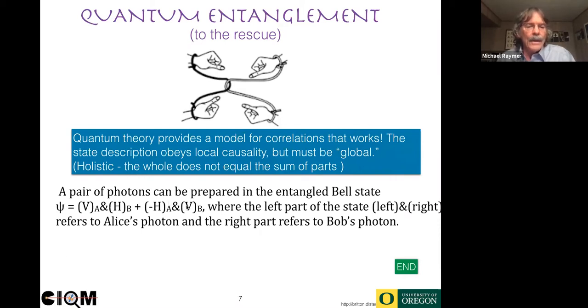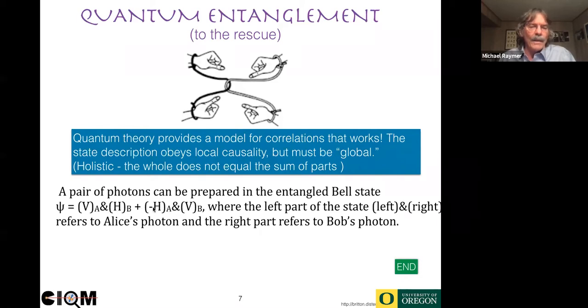So here I introduce now the notation. This is from the book, and we'll use this throughout today's session. An entangled state is written like this. Remember, the plus sign in quantum theory means superposition. This is one state of Alice and Bob, V and H polarization.